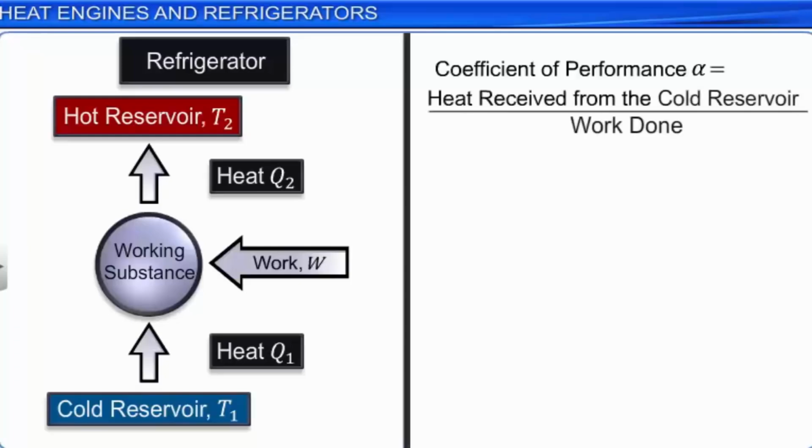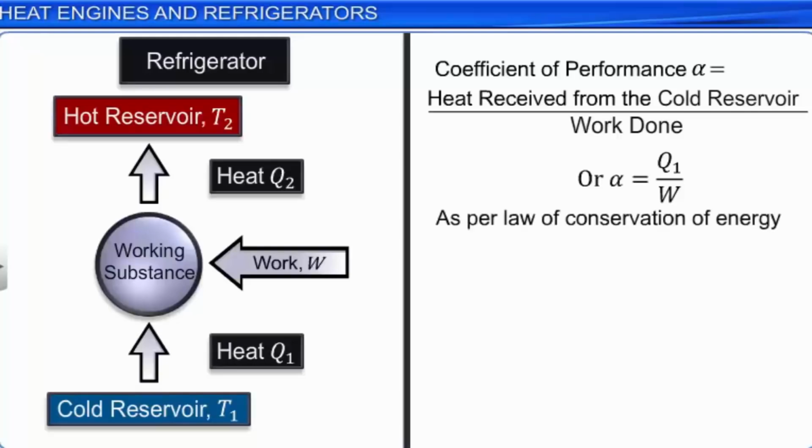Alpha is equal to Q1 by W. But as per the law of conservation of energy, Q2 minus Q1 is equal to W. Therefore, alpha is equal to Q1 by Q2 minus Q1.